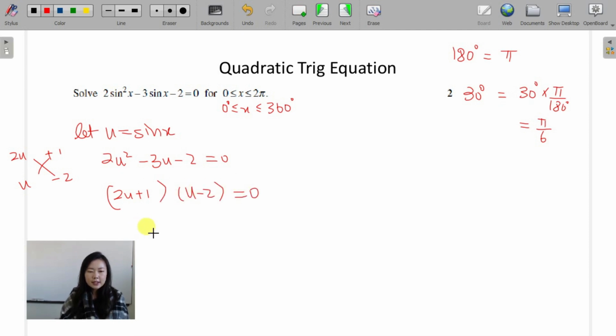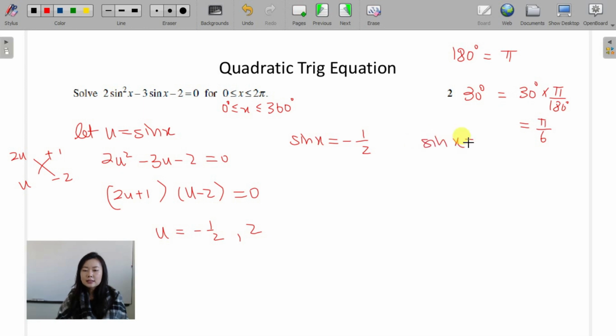All right, so I factorized it, so u is minus a half or 2. But we're not solving for u, we're solving for sine x. So u is sine x, so sine x is equal to minus a half, or sine x is 2.